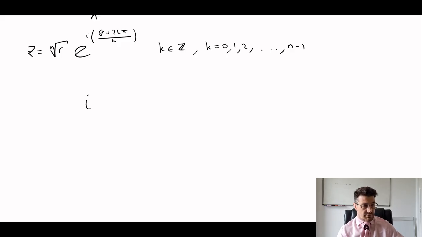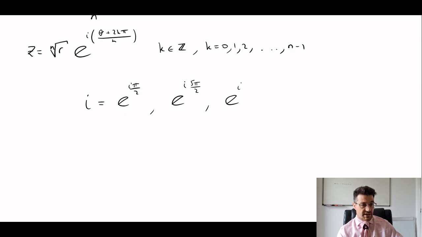So we've already seen i can be written as e to the power of i pi by 2. We write it in exponential form. Or it could be written as e to the i times 5 pi by 2.